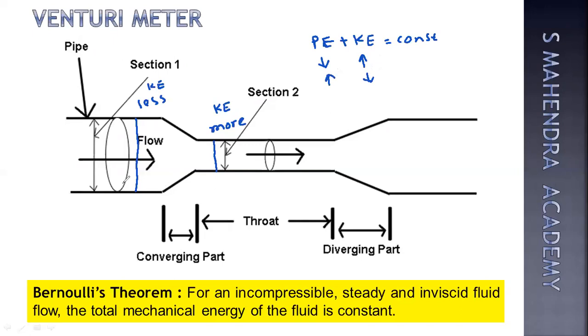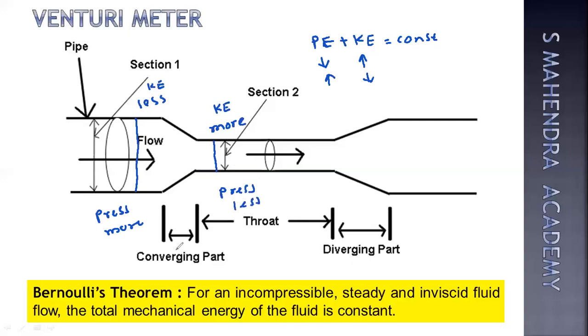So in the inlet section, the kinetic energy is less, therefore the pressure energy will be more. And in the throat, kinetic energy is more, therefore the pressure energy will be less.